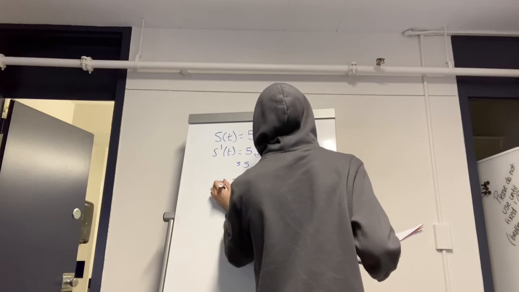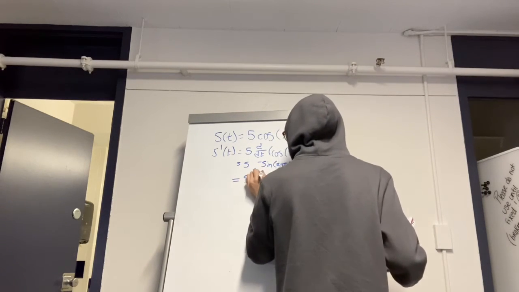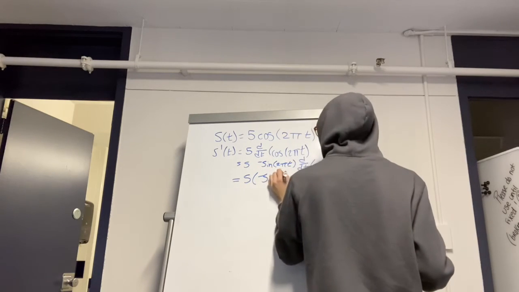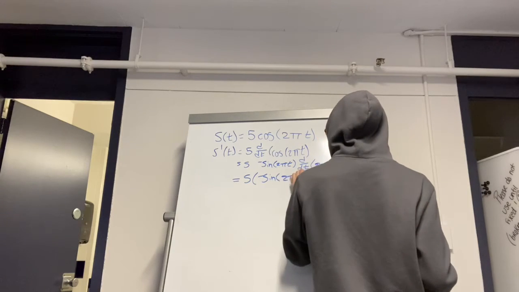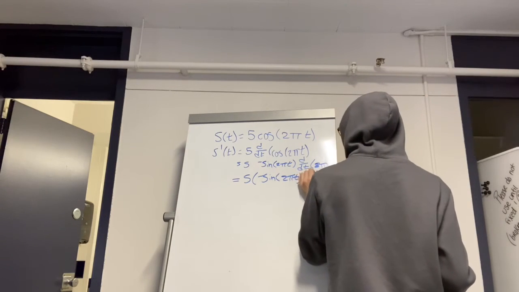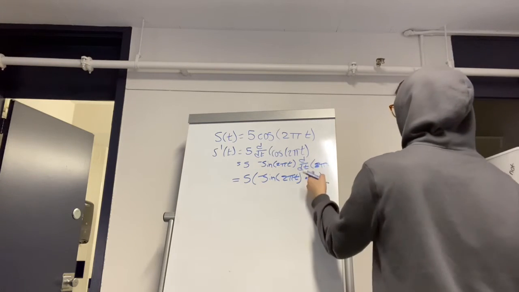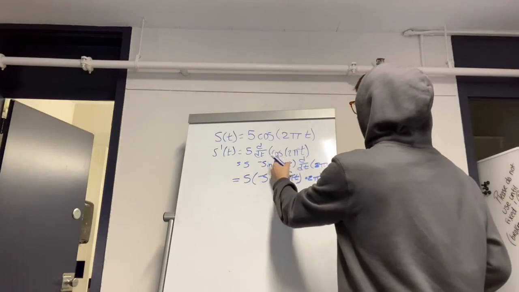From here, we'll do 5 negative sine of 2 pi t times 2 pi. We took the derivative of this, and here we took the derivative of this.